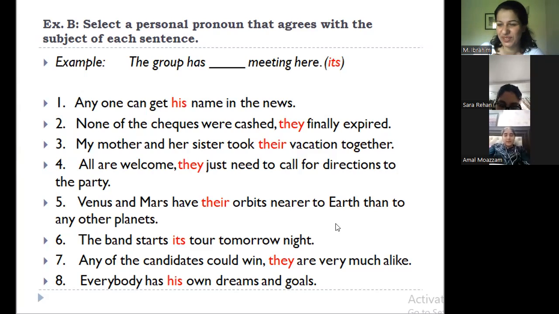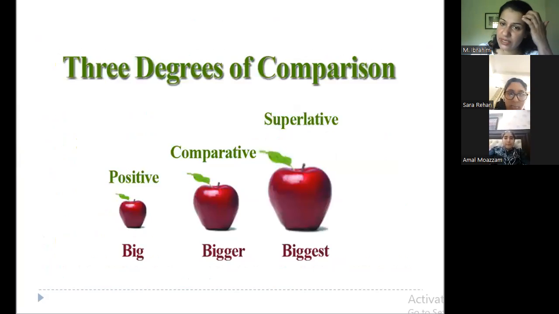Sorry, I'm so sorry. Okay, we are moving over to our second exercise, the 3 degrees of comparison. We're familiar with it. Degrees of comparison are in the English language, and you have them in adjectives and in adverbs as well.